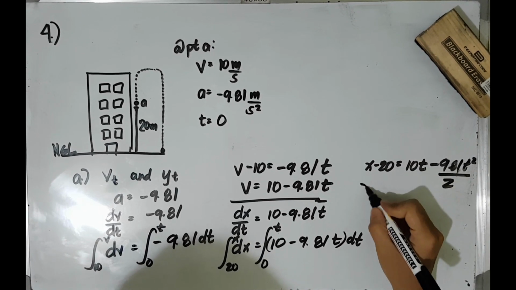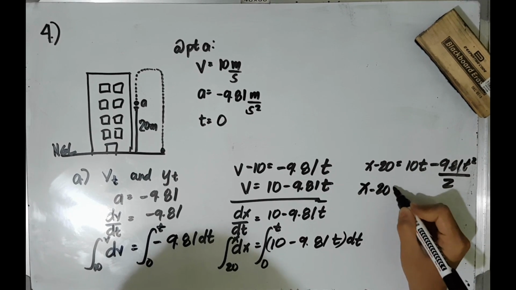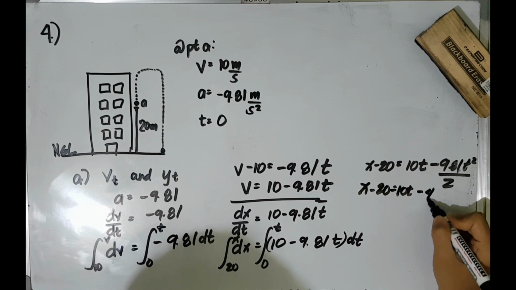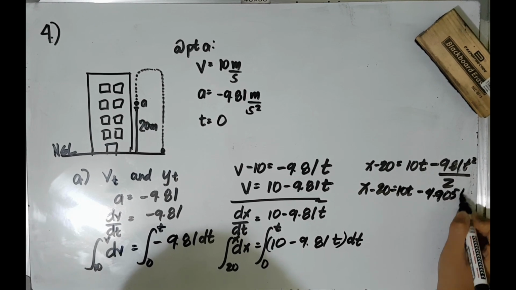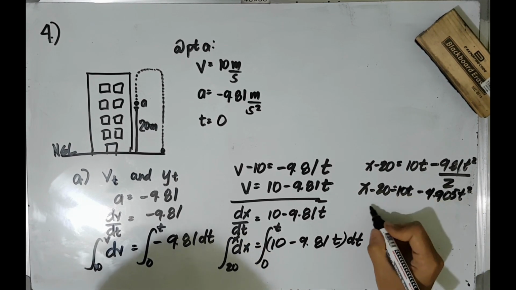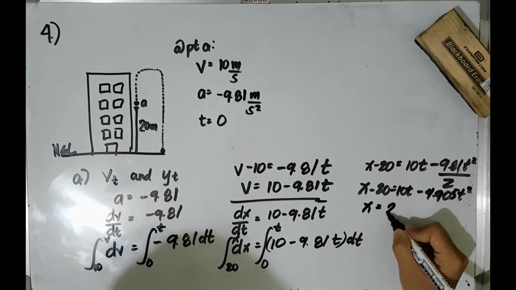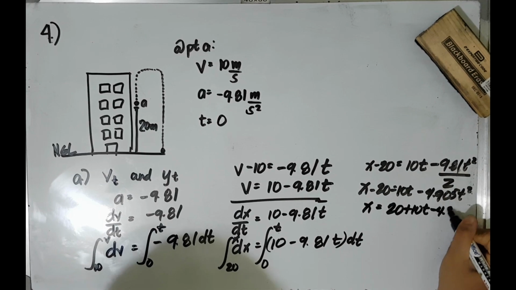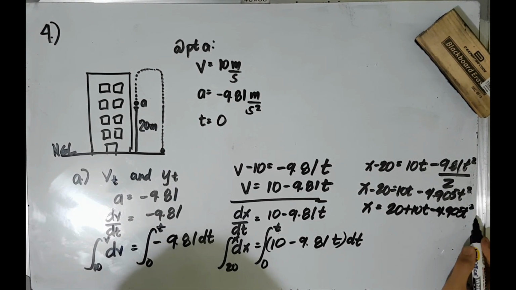Therefore, this is equal to x minus 20 is equal to 10t minus 4.905 t squared. So, simplifying it further, 20 plus 10t minus 4.905 t squared. So, rewrite ko lang.